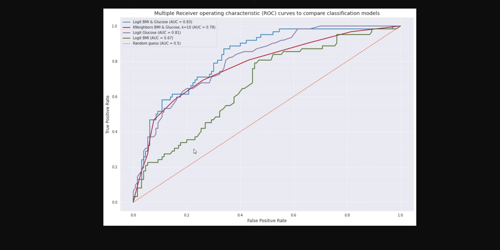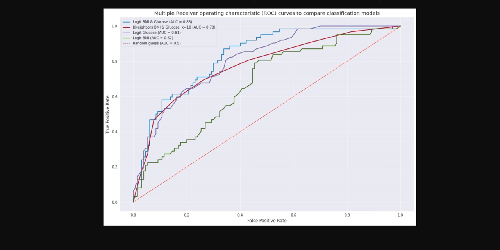And of course, the closer the curve comes to the 45-degree diagonal of the ROC space, the less accurate the test. So typically, we want to be over here when it comes to the ROC curve, closer to a true positive rate of 1 and a false positive rate of 0.